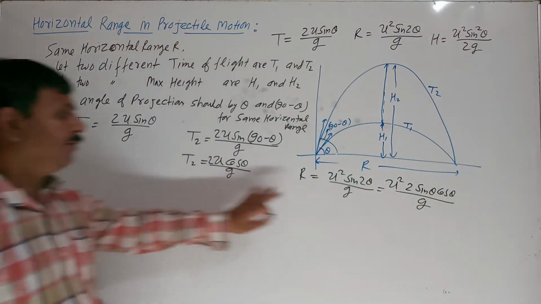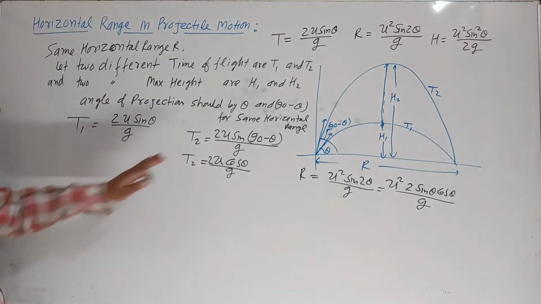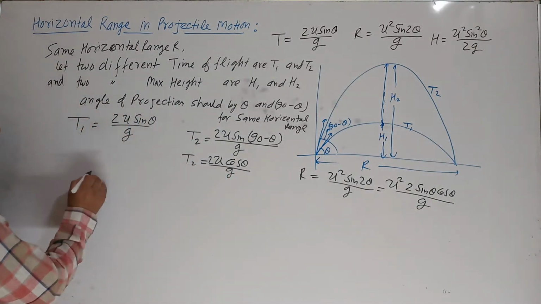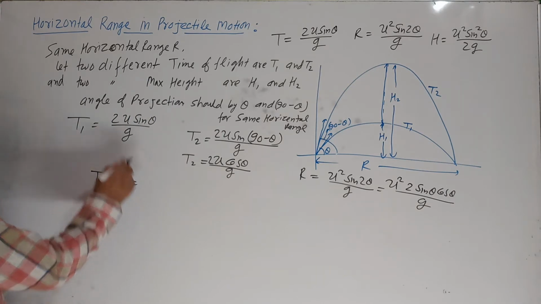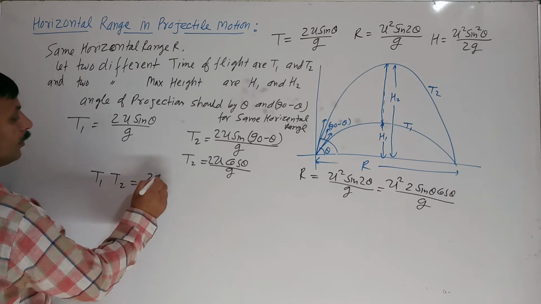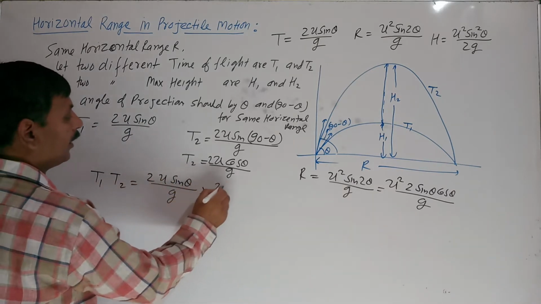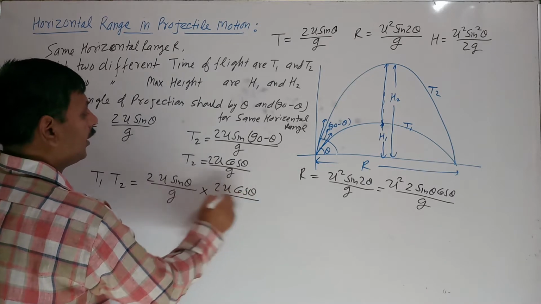So what will be the relation between T1, T2 and range? If I am multiplying T1 into T2, see here: 2u sin theta upon g multiplied by 2u cos theta upon g.